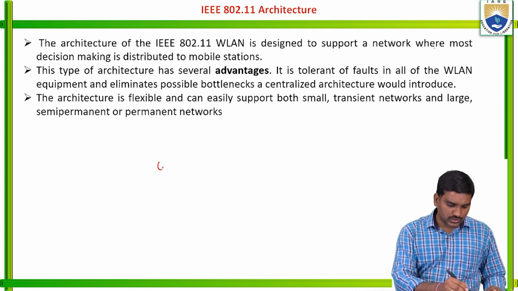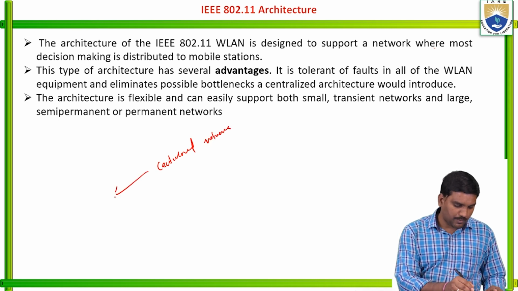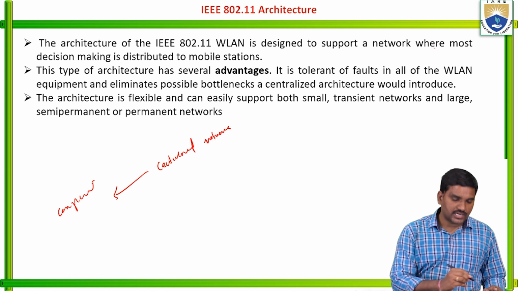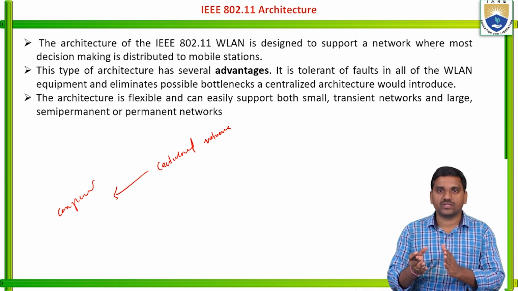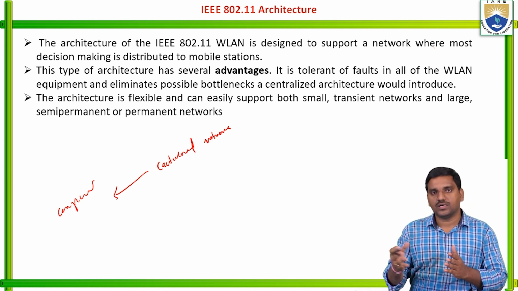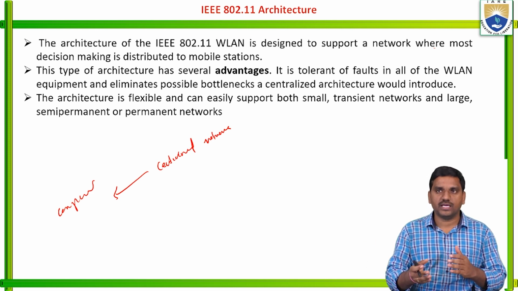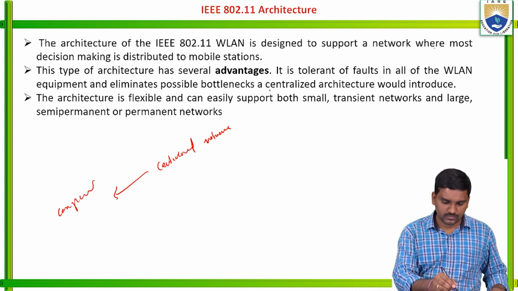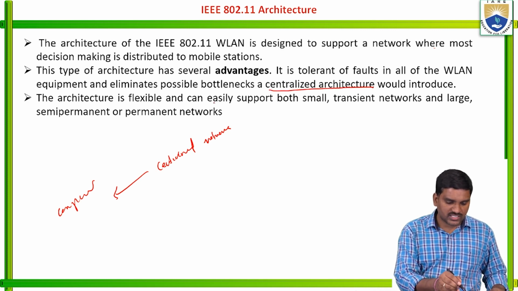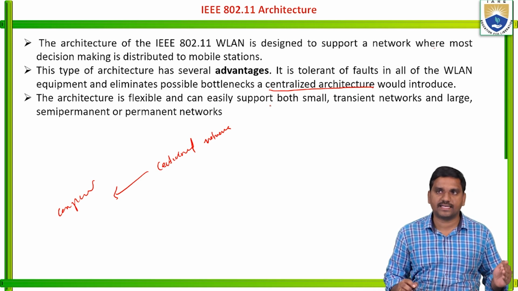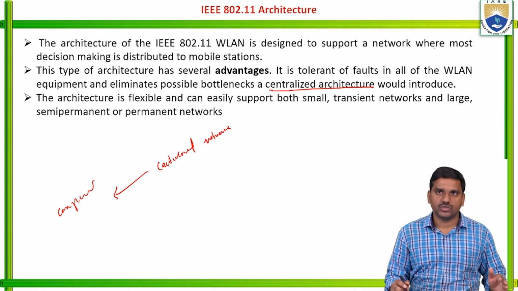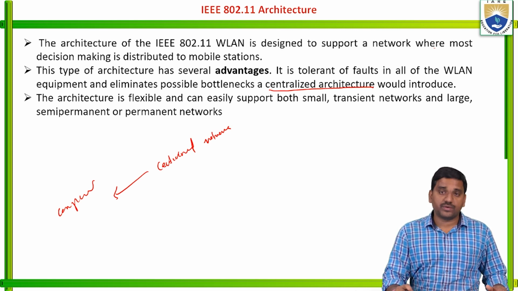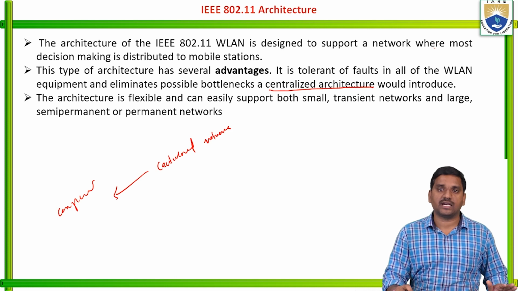A centralized network, compared to a traditional network, has more advantages for communicating with other devices. The architecture is flexible and can easily support both small and transient networks and large semi-permanent networks. So this is about some more information on the IEEE 802.11 architecture.